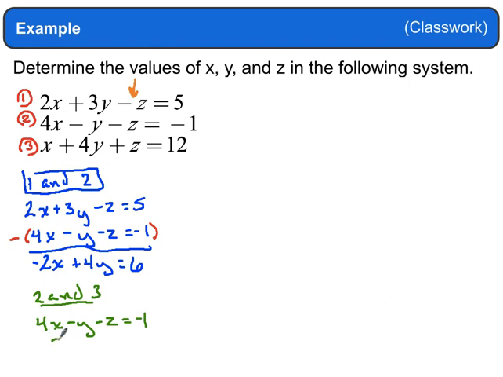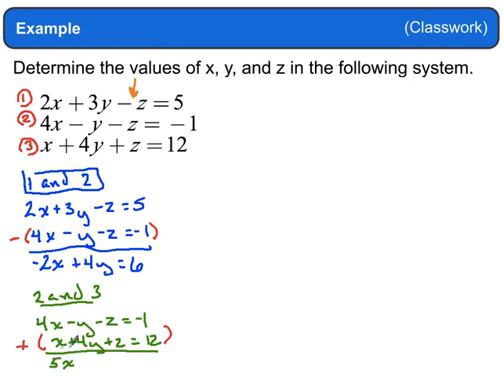And then the third equation is x plus 4y plus z is equal to 12. And then our goal is to, again, eliminate the z variables. Now, in this case, the z's are opposites, so we're going to add each column. And so 4x plus 1x is 5x.